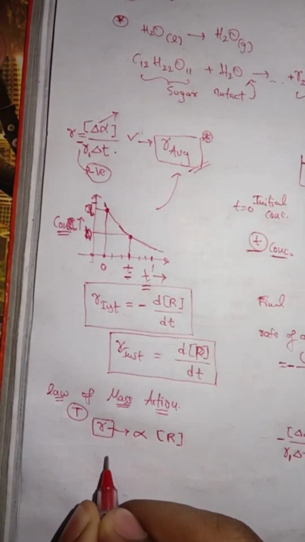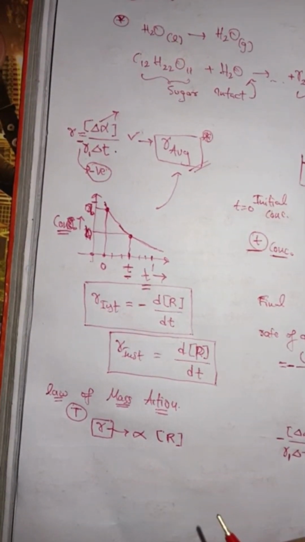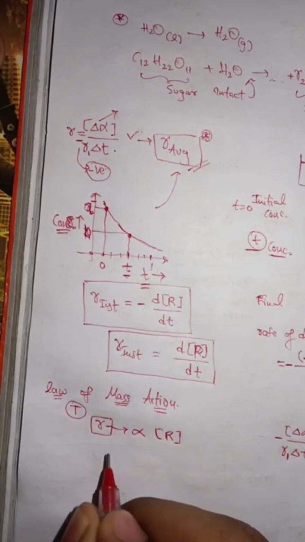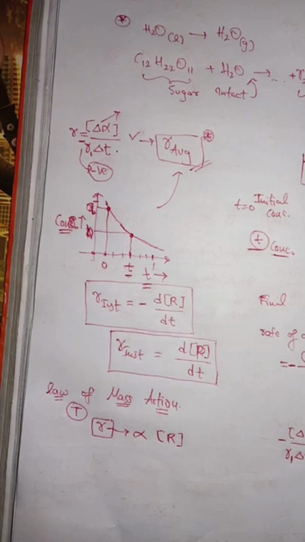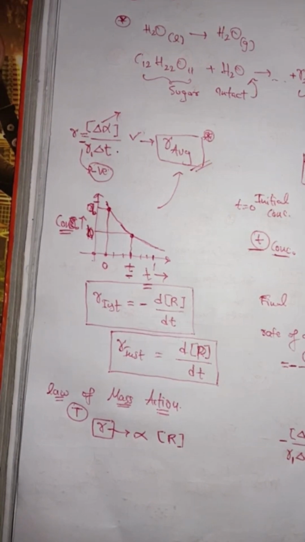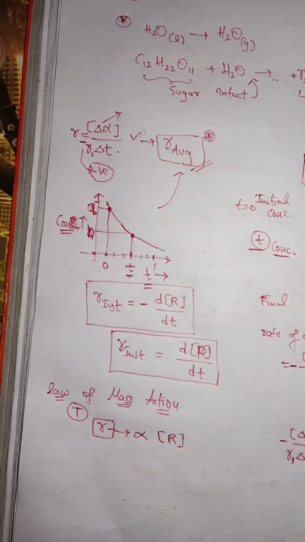In mathematics we can remove the direct proportionality and equate the two dependent things with a constant. With that constant, these two are related. If the rate is only directly proportional to the concentration of reactant, we can just multiply with a constant.